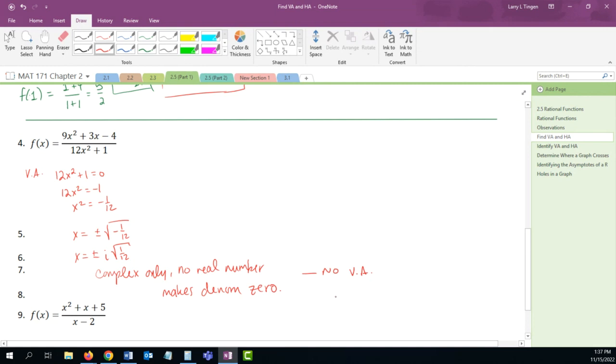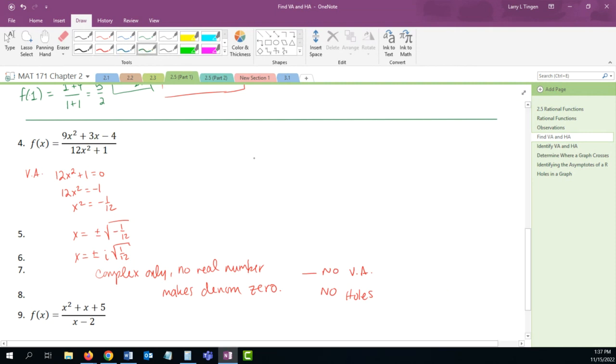How about holes? Well, if there's a hole, then there must be some number that makes both the numerator and denominator 0. There's no real number that does it, so there's no vertical asymptote, and there are no holes. Okay.